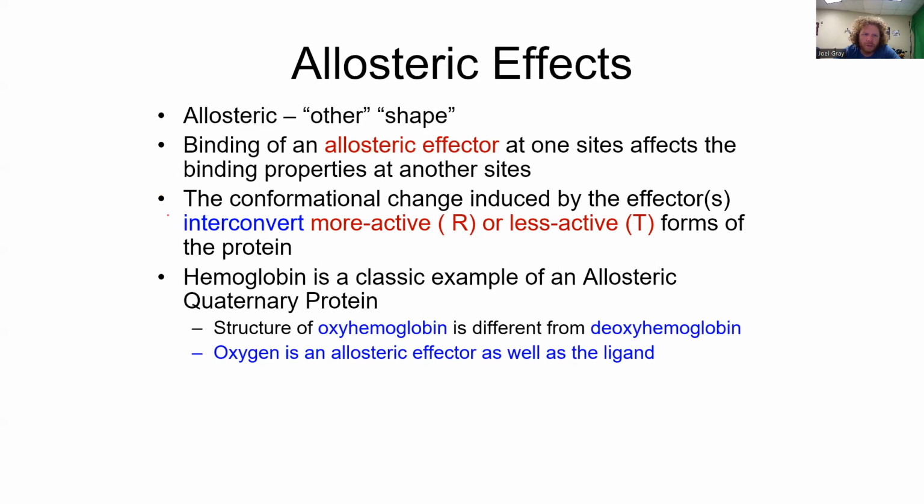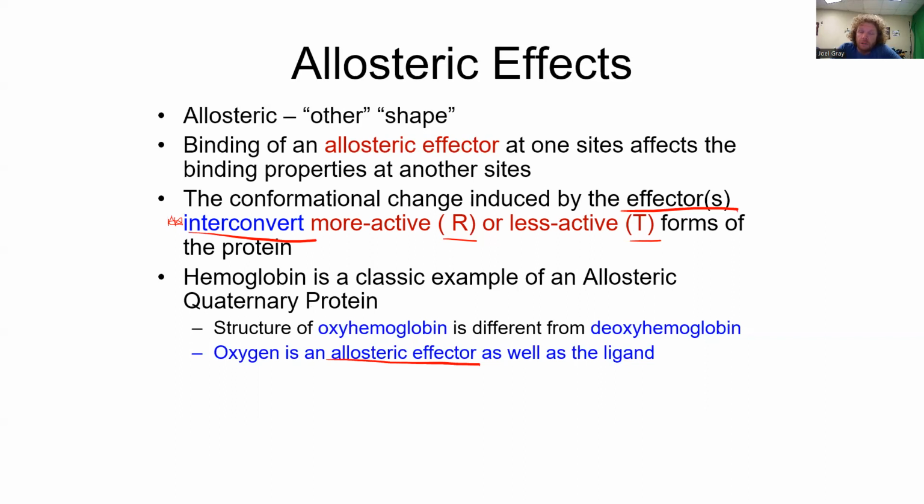So going back up here, the conformational change induced by the effectors interconvert the R or T forms of the protein. So oxygen is an allosteric effector as well as a ligand. So it both is the natural ligand that hemoglobin wants to bind to, but it also induces these changes.